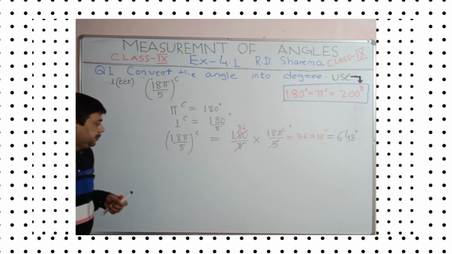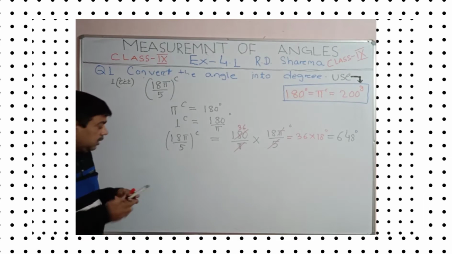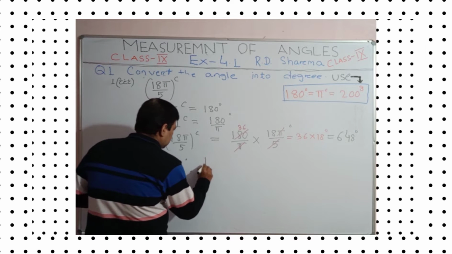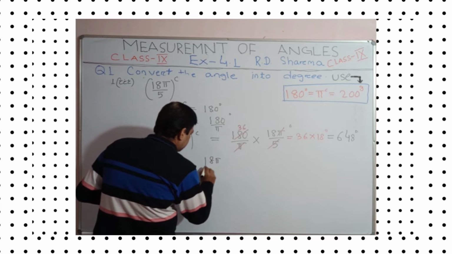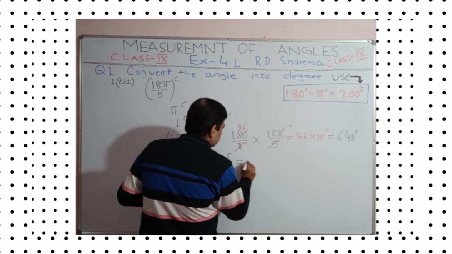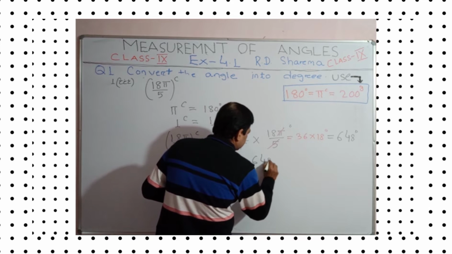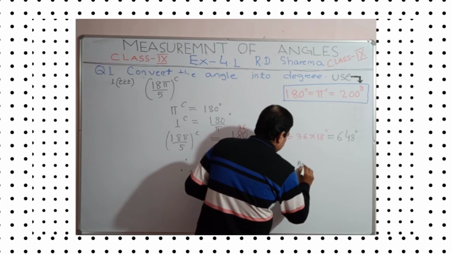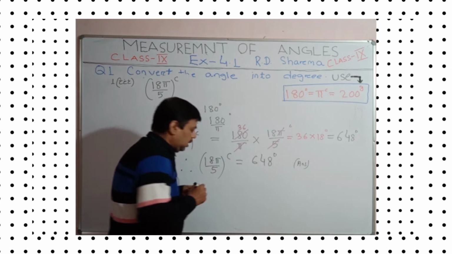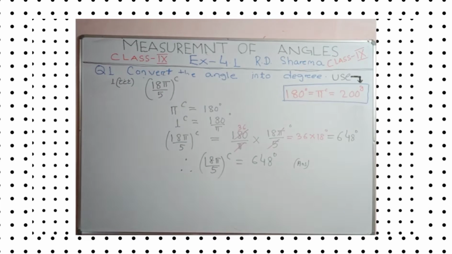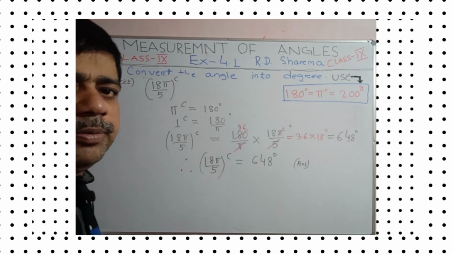So hence we got 18 pi by 5 radian is equal to 648 degree. 648 degree. This is how we can convert the angle from radian to degree. Okay, note down, all of you.